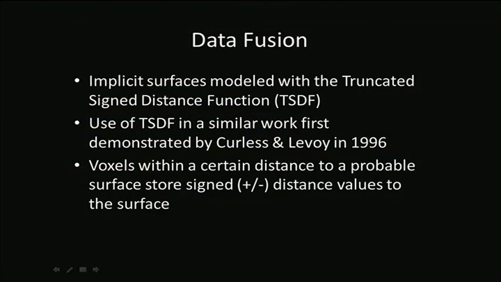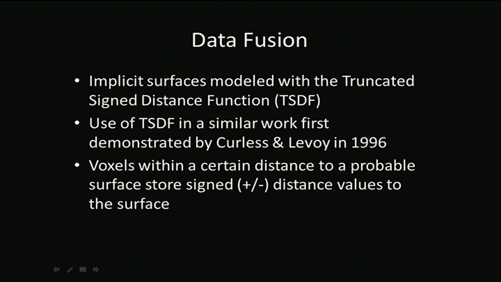But the benefit of using this model is that we can accumulate data over time. If we had done it with a polygon mesh, it wouldn't be so trivial. And by using this implicit structure, we can actually average data from the previous frame with the current frame and kind of generate a memory and some probability of where surfaces can lie.